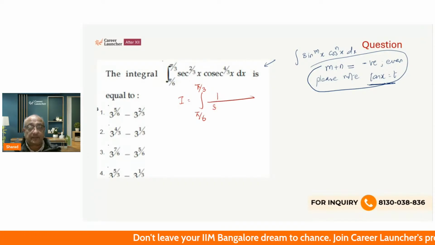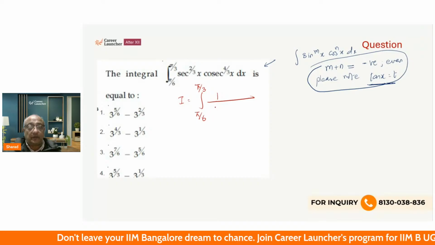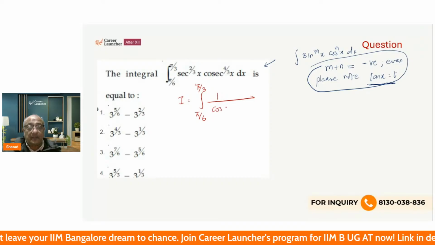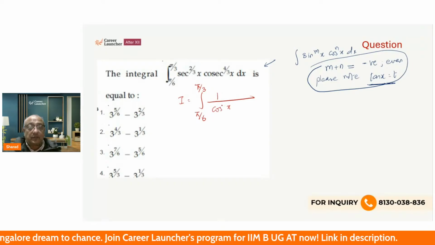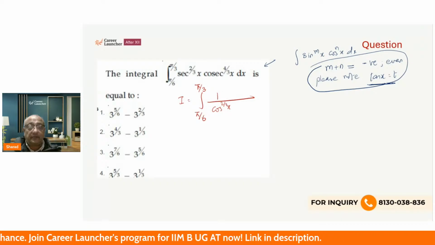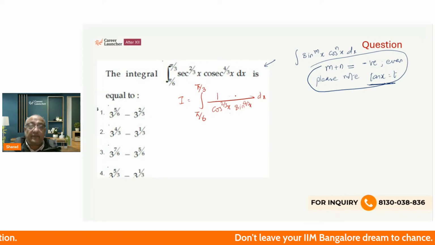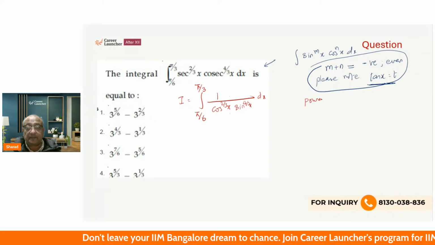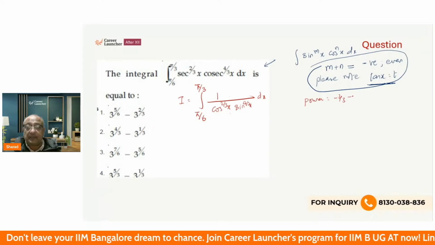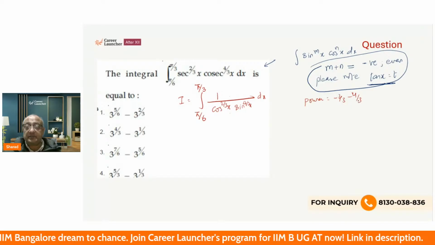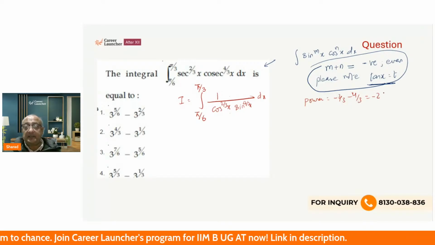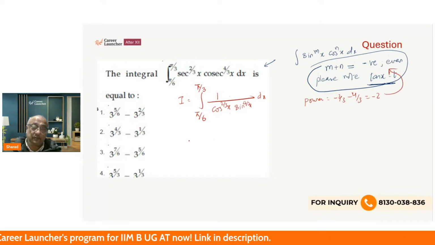The first term is cos x raised to the power 2 by 3, and this is sin x raised to the power 4 by 3. The sum of powers is minus 2 by 3 minus 4 by 3, which is equal to minus 2, a negative even integer.